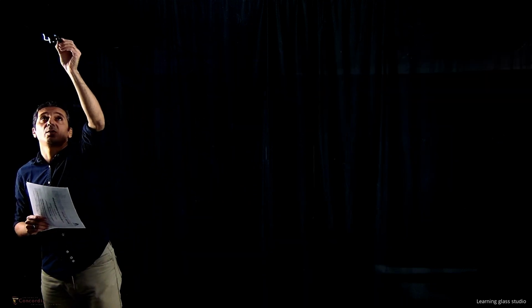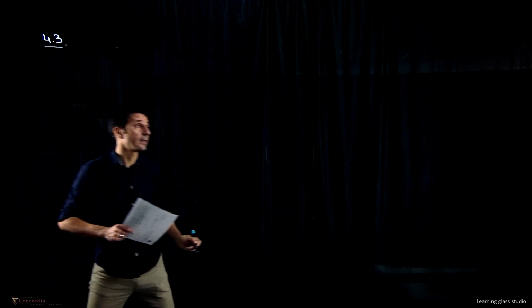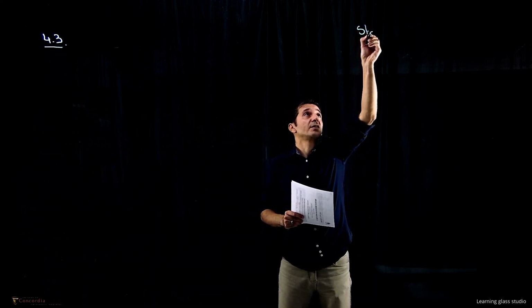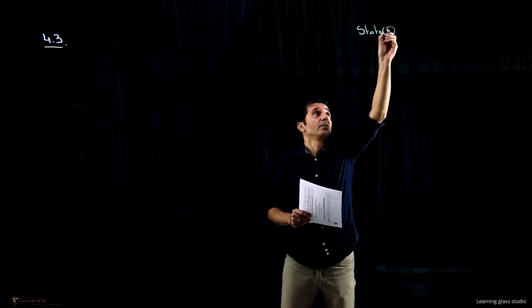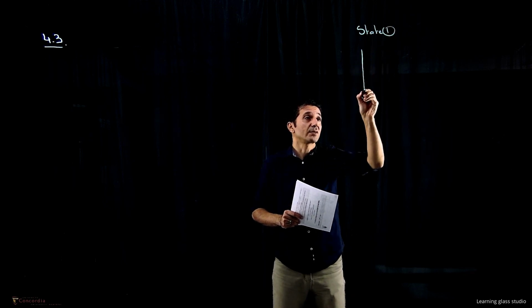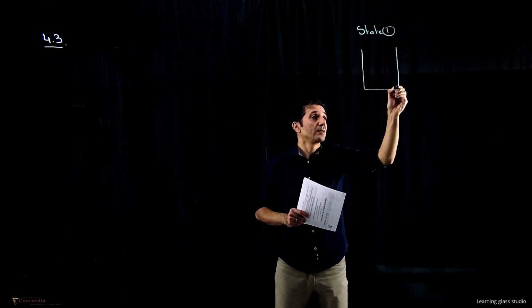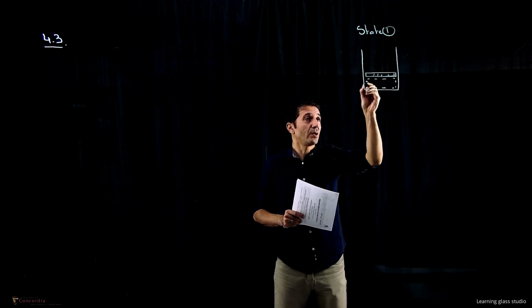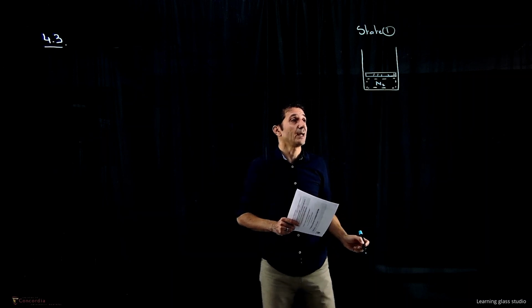So this is problem 4.3. Let's sketch this. What do we have? We have state 1. Okay, we have a piston cylinder assembly. Inside here we have our nitrogen gas.